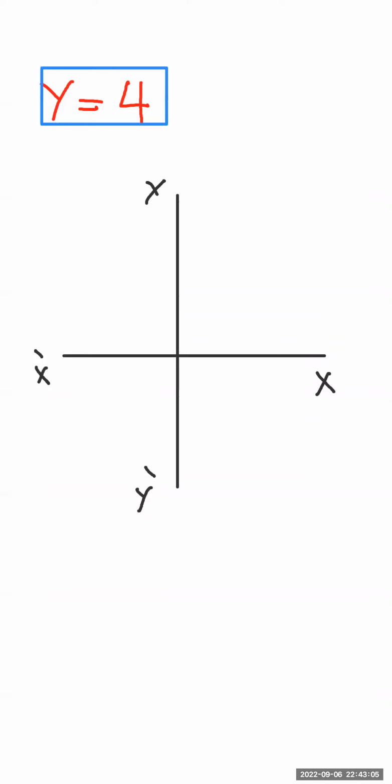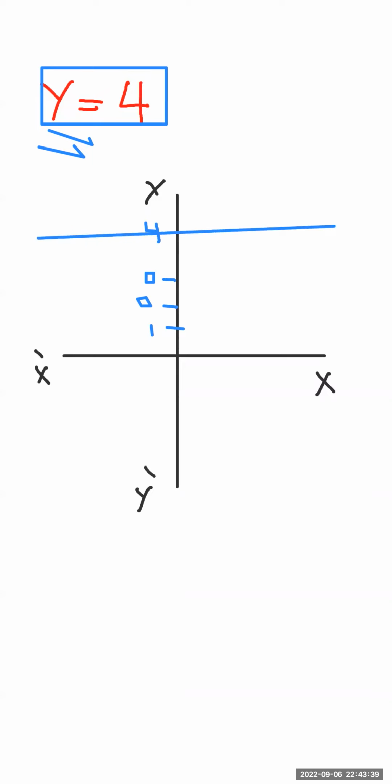So this means it's a constant function, correct? Because y will always equal 4. So we represent it by a horizontal line passing through y equal 4. If this one is 1, 2, 3, 4, the function will be represented in this way.